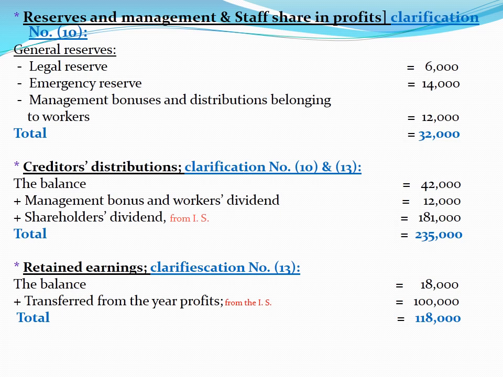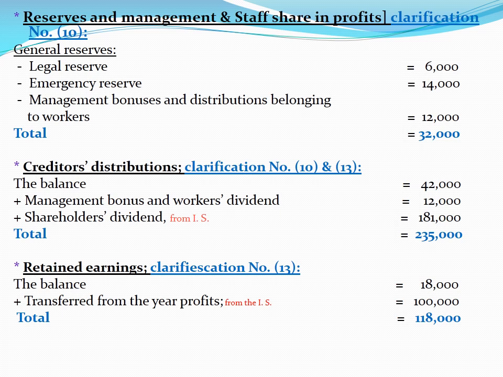These are distributions that should happen, but they didn't receive these distributions, either the stockholders or the management or laborers, so it will be a liability, in credit balances, creditors distributions, because they didn't receive it yet, so it will be a liability until distributing it for them or giving it for them.